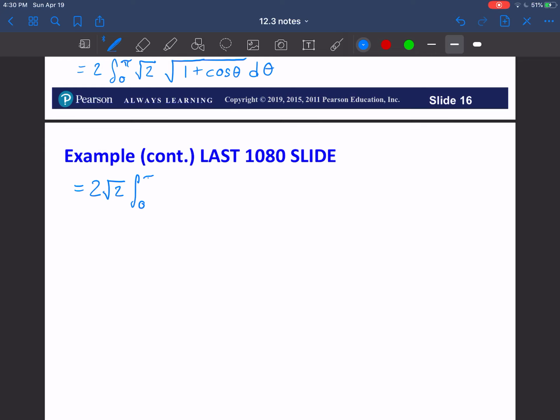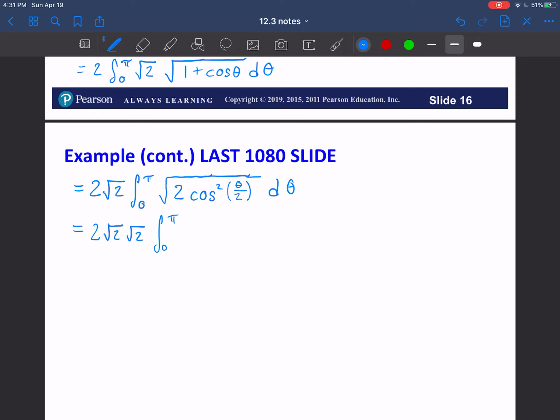All right, so we have the integral from 0 to pi of the square root, if we replace 1 plus cosine theta with 2 cosine squared of theta over 2, d theta. We once again have that square root of 2 we can pull out, so we get 2 square root 2 integral 0 to pi.